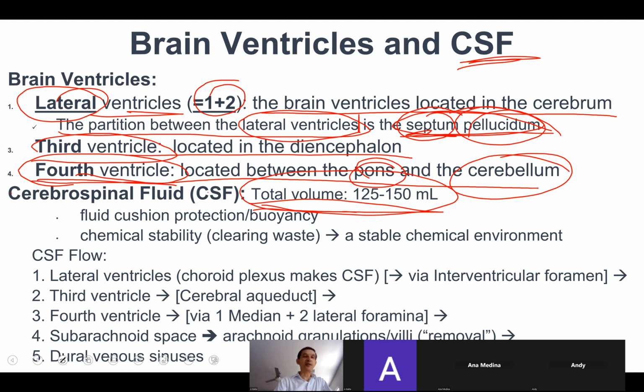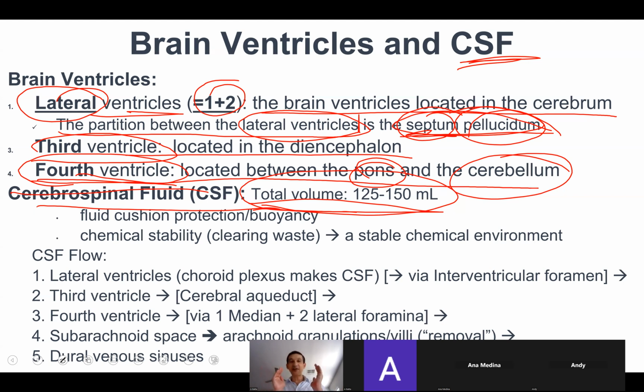So cerebrospinal fluid, what is the function of it? Well, obviously protection. If you were to jump off a cliff and land in water, you would not be hurt, especially if you know diving. But the chances of being hurt when hitting water are much less than if you were hitting a bone, which is your alternative for a brain, right?